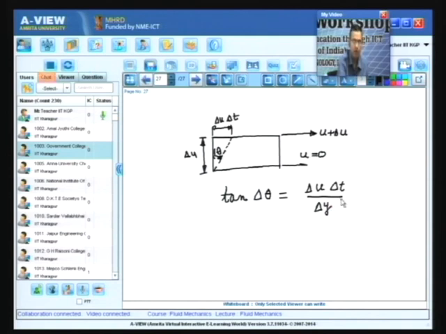This is from the geometry of the figure. If we assume a small time delta t, then delta theta is also small and tan of delta theta may be approximated as delta theta.